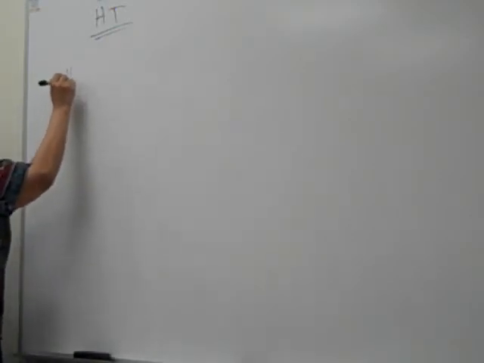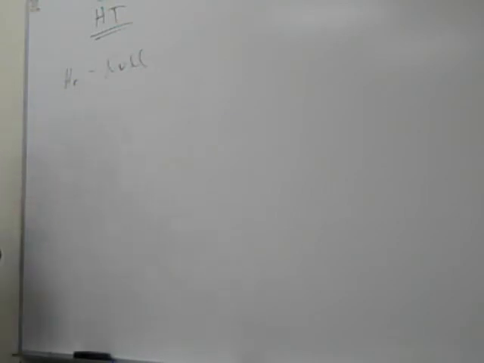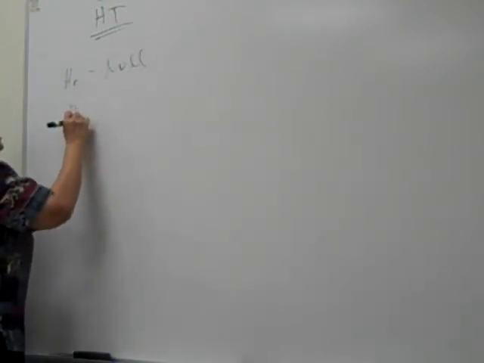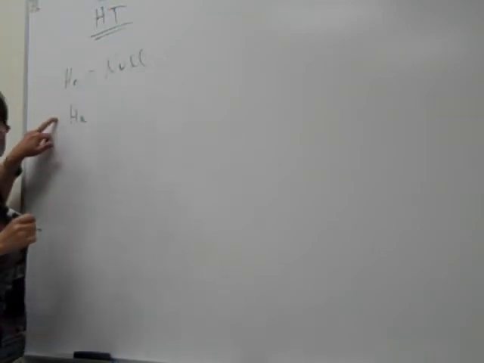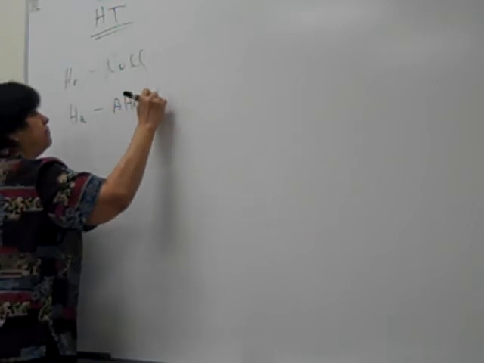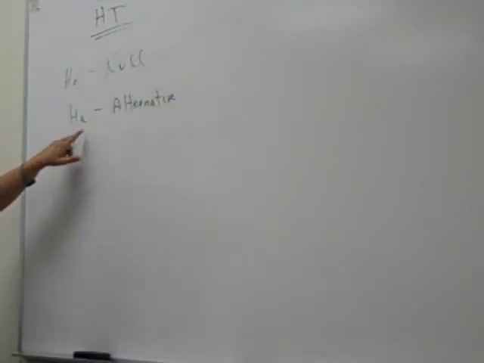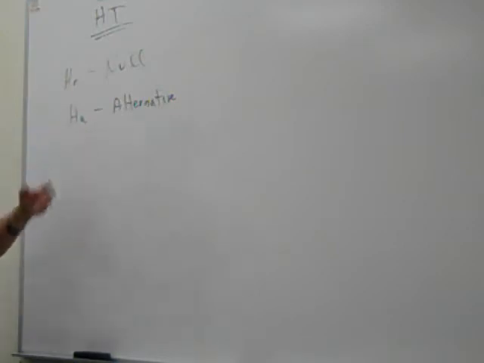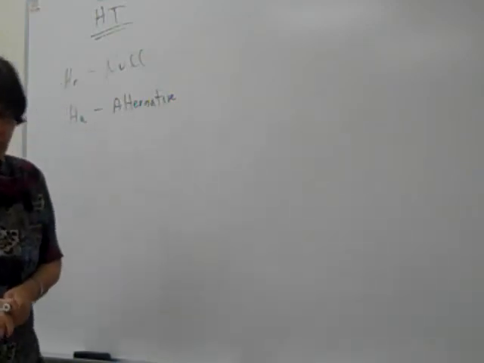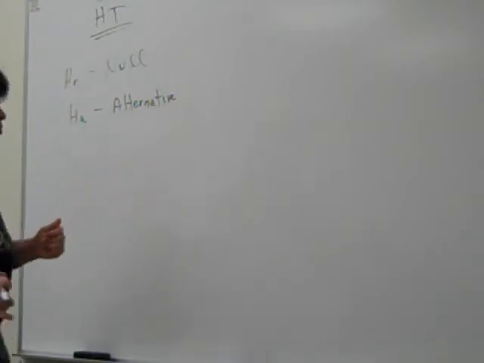One is called the null hypothesis, or H0, and the other one, completely opposite to the null hypothesis, is called the alternative hypothesis. It's H sub A or H sub 1 in some textbooks.